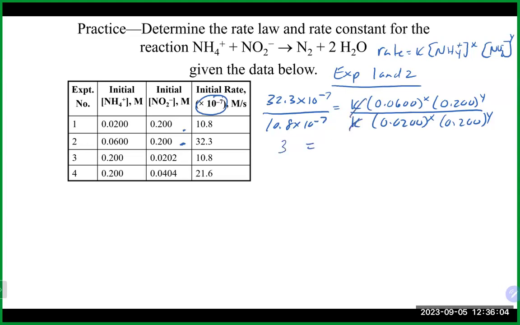These guys will cancel. That will also give us a 3 to the X, and those guys will completely cancel, giving us basically our X is equal to 1 in this case. Any questions on that one there?